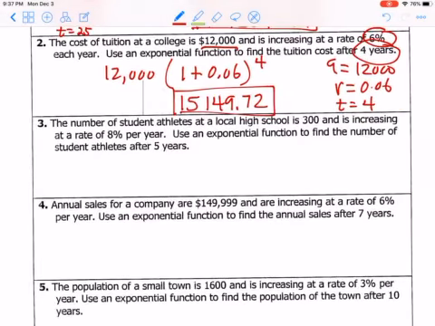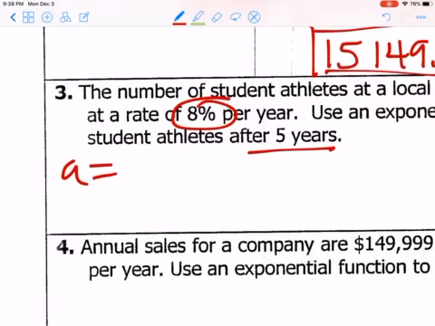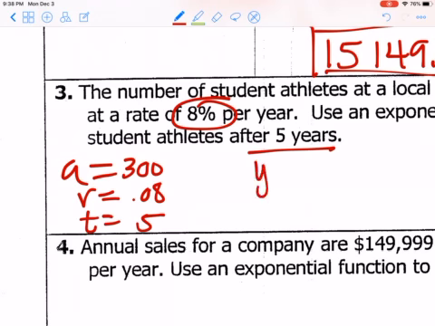It says the number of student athletes at a local high school is 300. There's our initial value, and it's increasing at a rate of 8%. There's our rate. Use an exponential function to find the number of student athletes after 5 years. So our A is 300, our R is 0.08, and our T is 5, which makes our formula y equals 300.